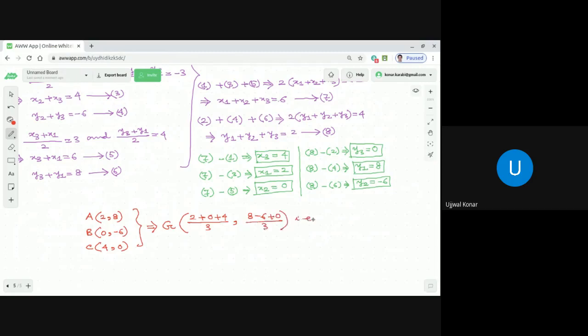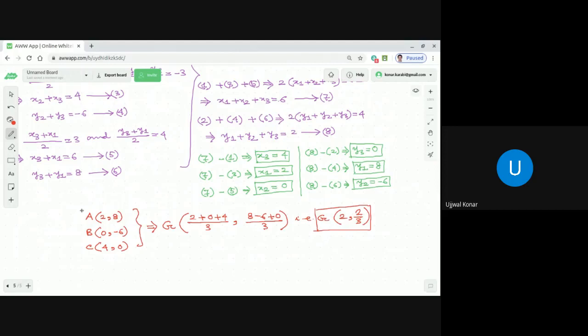What is the coordinate of the point G? We are getting 2 plus 4, 6 by 3, that is 2, comma 8 minus 6, that is 2 by 3. So this is the coordinate of the centroid, 2, 2 by 3.